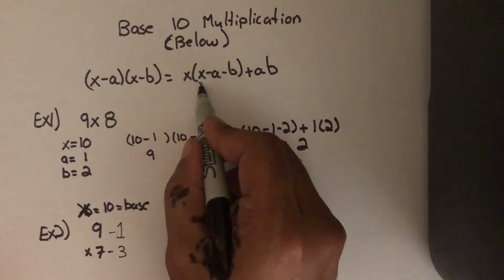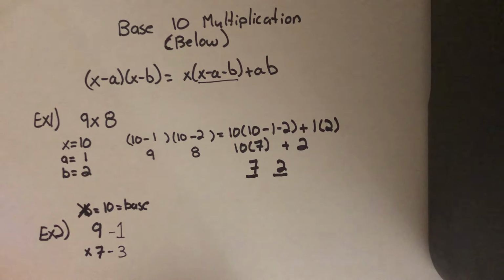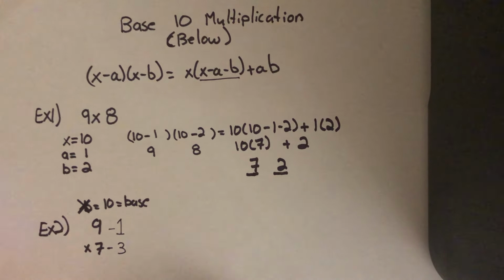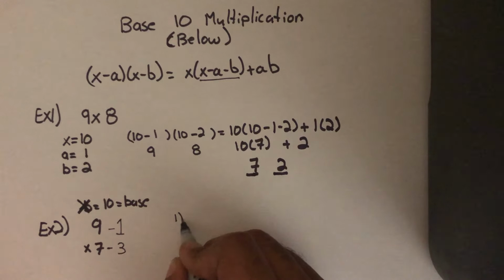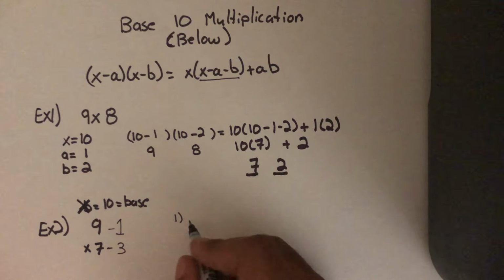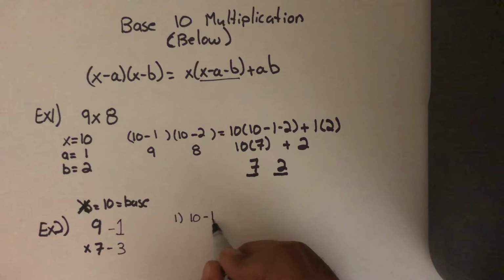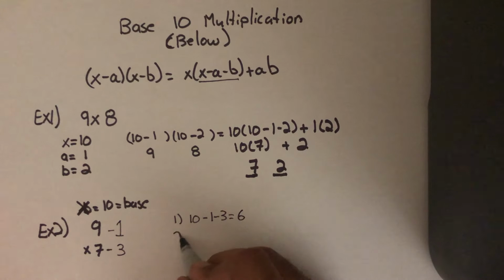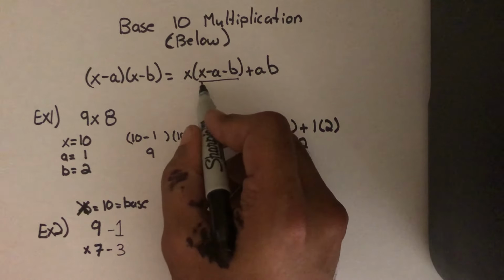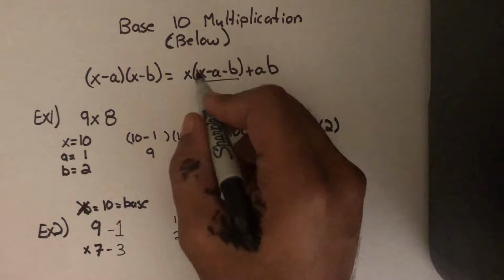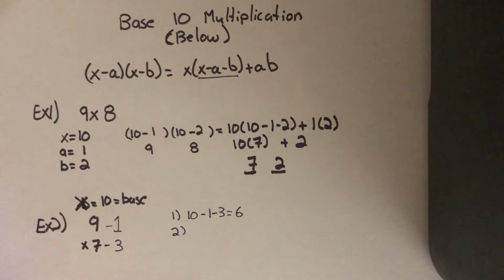Now, how do we get this part? Now, listen to me carefully. There's 4 ways you can get that part. Method 1, just like it looks over here, I could say x, so 10, and then I subtract the deficits, minus 1, minus 3. I get 6, obviously, okay? Now, if you think about it carefully, I could say x minus a minus b.